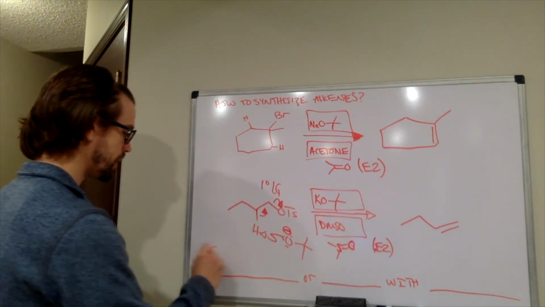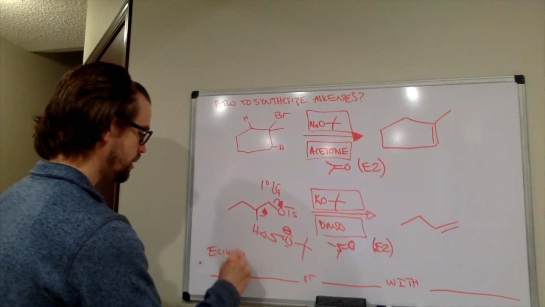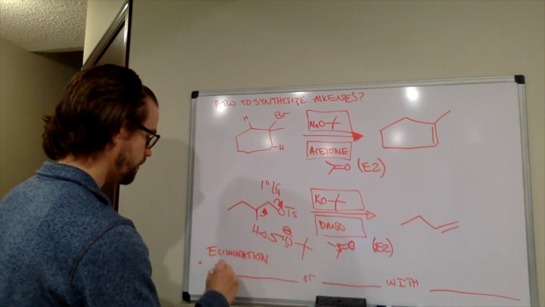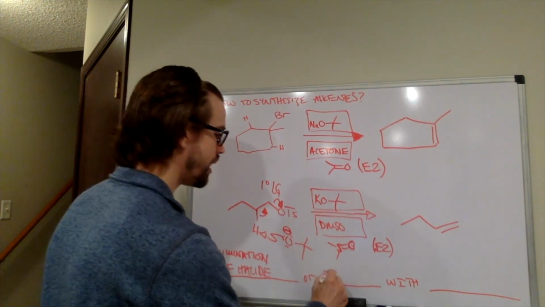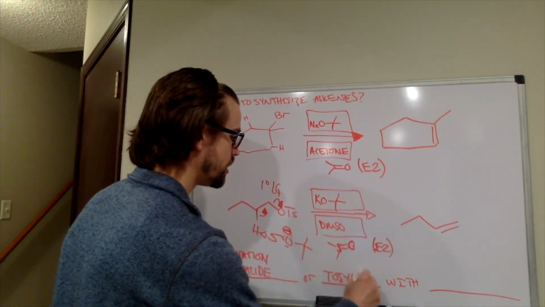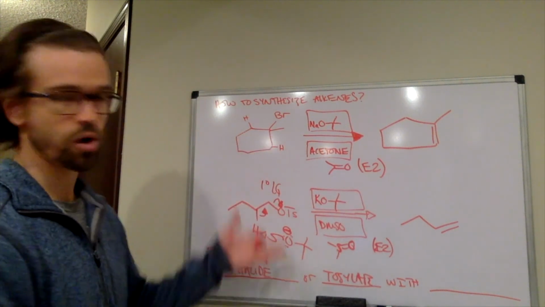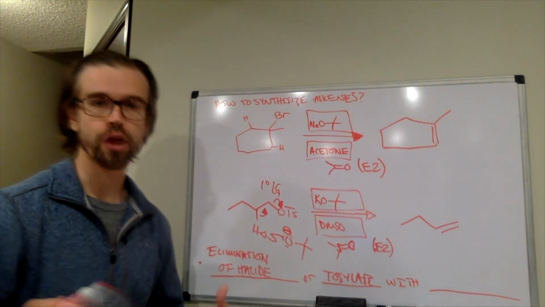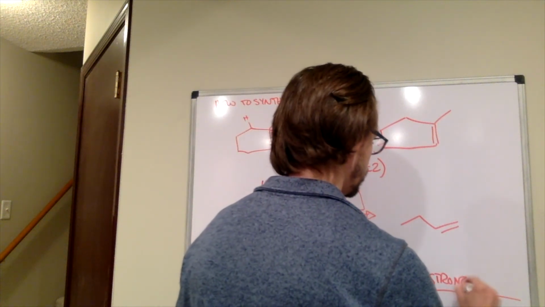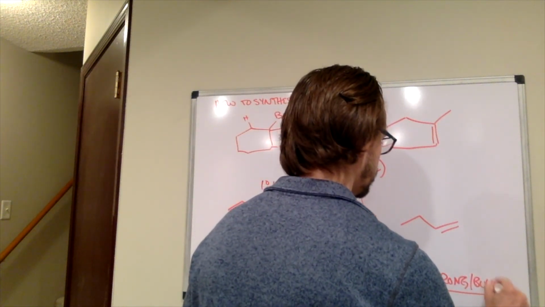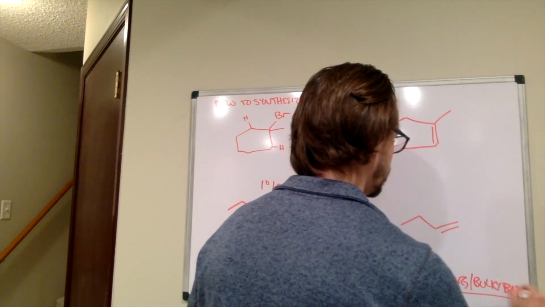We're going to do an elimination of a halide or a tosylate with a strong, bulky base if we're trying to force this E2 pathway. So strong, bulky base.